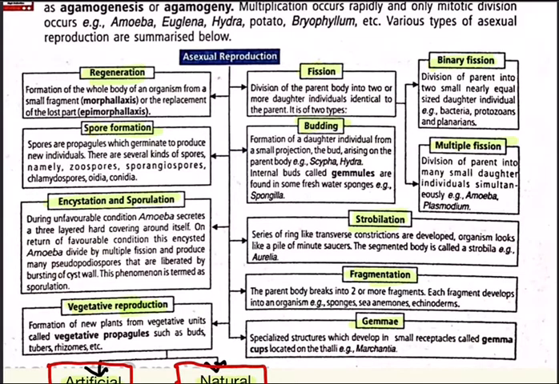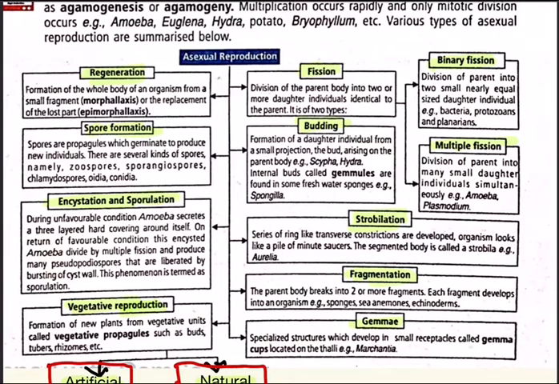And then the other side, of course, we already talked about sporulation during unfavorable conditions. Now here the important thing is unfavorable conditions. When everything is favorable, every organism will undergo reproduction. But when things get the worst, not suitable, not conducive, then amoeba secretes a three-layered hard covering around itself.